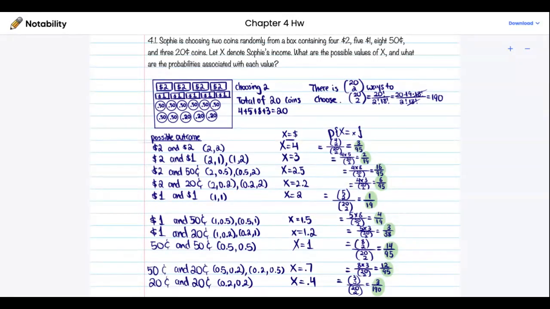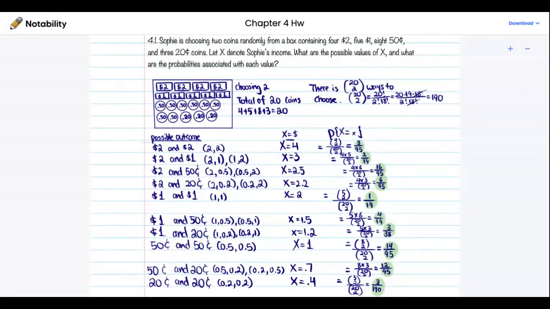The possible outcomes of choosing 2 coins: first, $2 and $2, where X is $4, with probability 4 choose 2 over 20 choose 2, which gives 3/95.